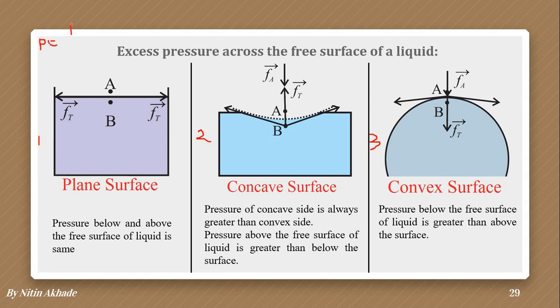In each case, the surface area of the container will be the same. In the first, second and third case, the beaker containing the liquid has the same surface area. And we consider two molecules.